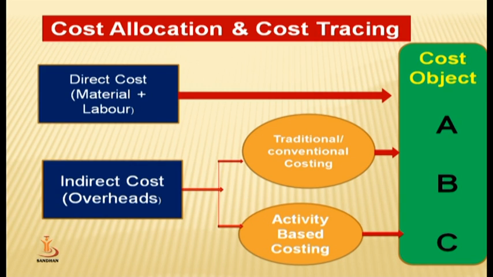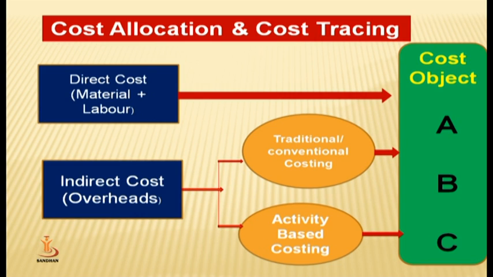Now you might be clear with this slide where exactly the activity based costing system comes in. Looking at the slide, we see that it comes for cost allocation and cost tracing in case of overhead, indirect expense.